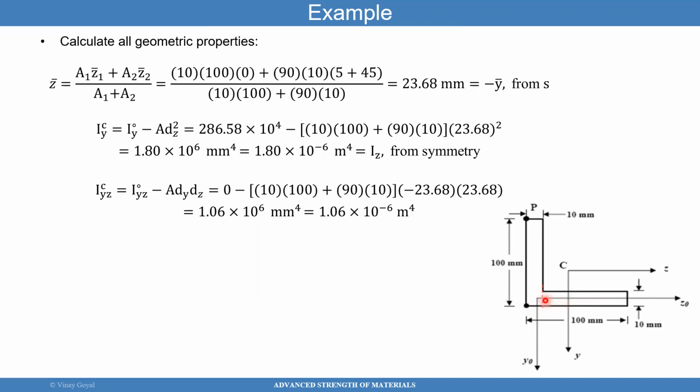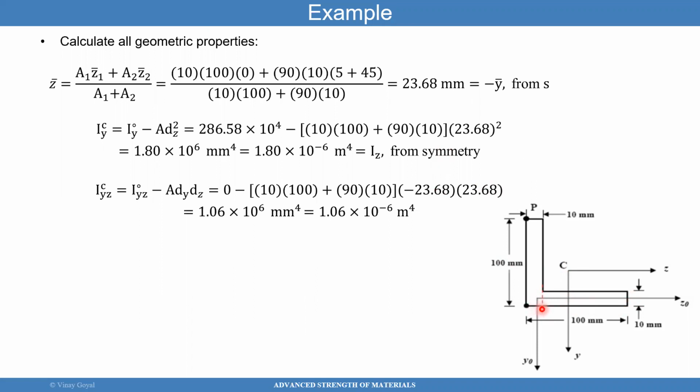So the area I'm looking at here is 90 times 10. And then I have to find the distance between this point and the centroid here. So this point to this dash line is 5.